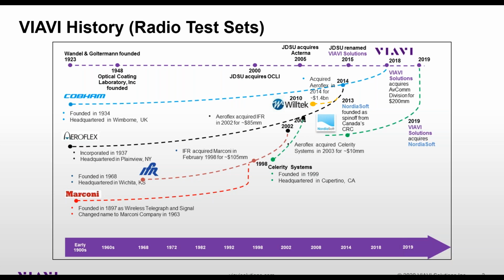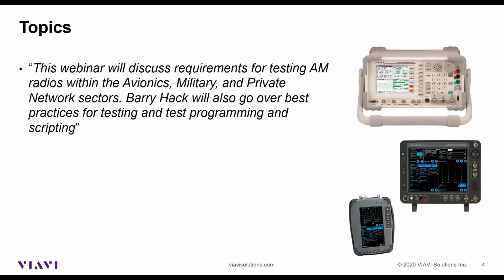So if anyone knows the German company Wiltec, or Wandel & Goltermann, Wavetek as they used to be called, they got incorporated into the group. Then Aeroflex was purchased by Cobham in 2014, and then Viavi purchased the test group of Aeroflex from Cobham in 2018. So this was, I think, the text that was on the invitations that went out for the webinar.